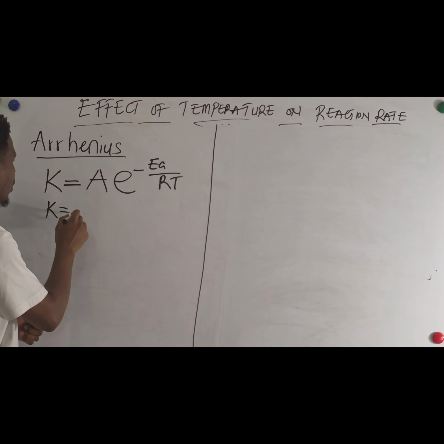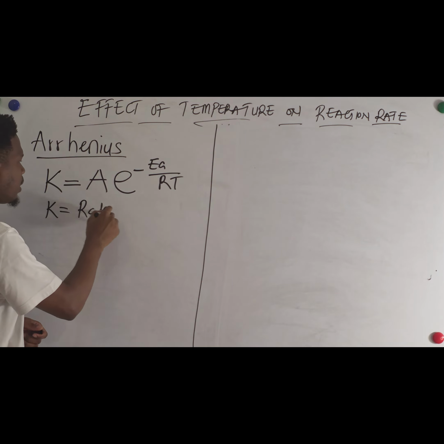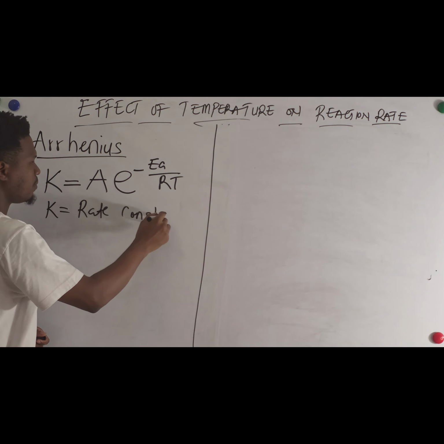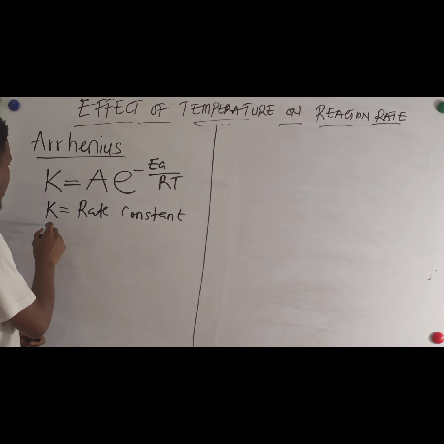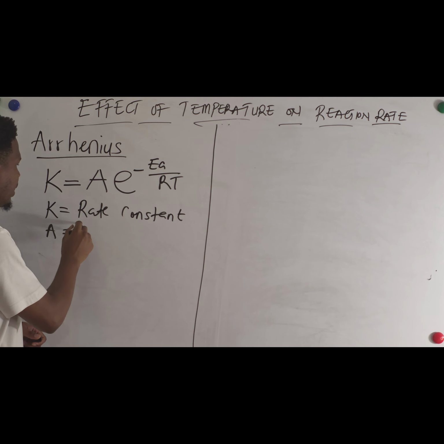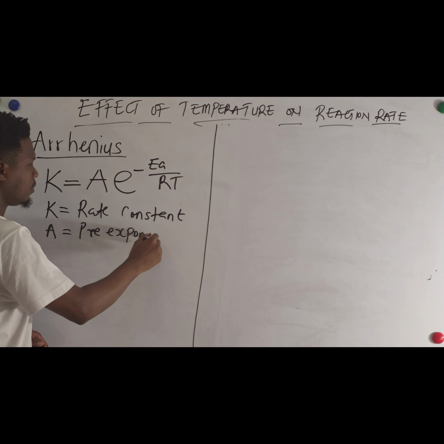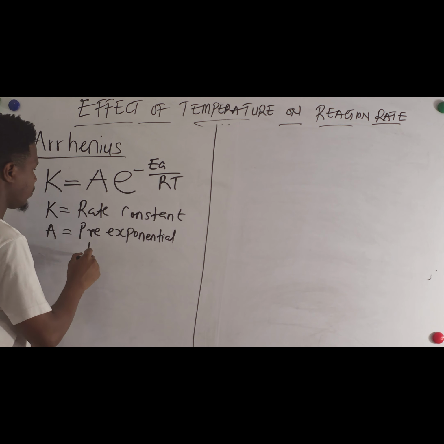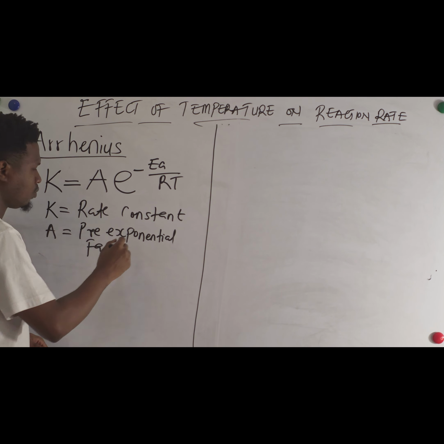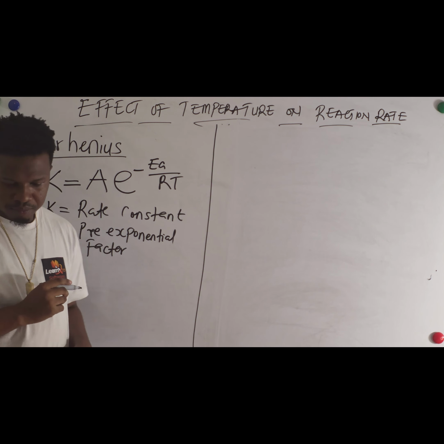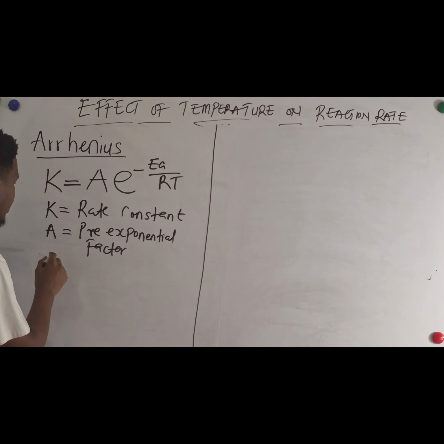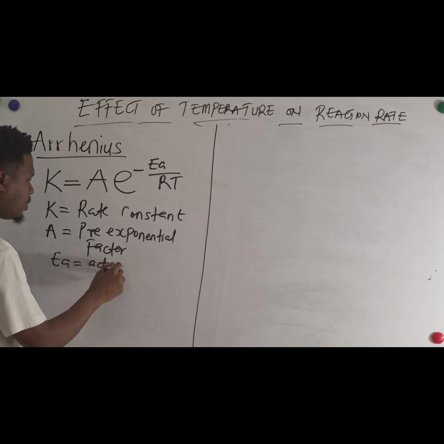The k is called the rate constant. This A is what we call the pre-exponential factor. Then we have Ea, the activation energy.